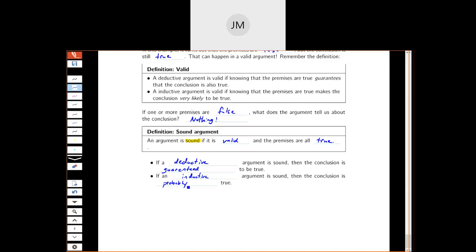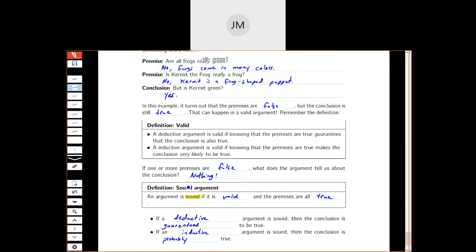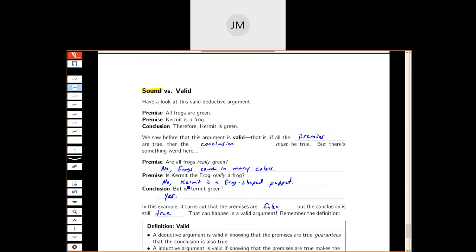And a sound argument is going a step further and saying, yes, all those things that you said set up nicely and work. As opposed to back here, where this is a valid argument, but maybe it's just gibberish because these premises are false. So the argument doesn't really mean anything. It's not telling us anything because the conclusion could be true or false. So it's not a good reasoning for why Kermit is green.